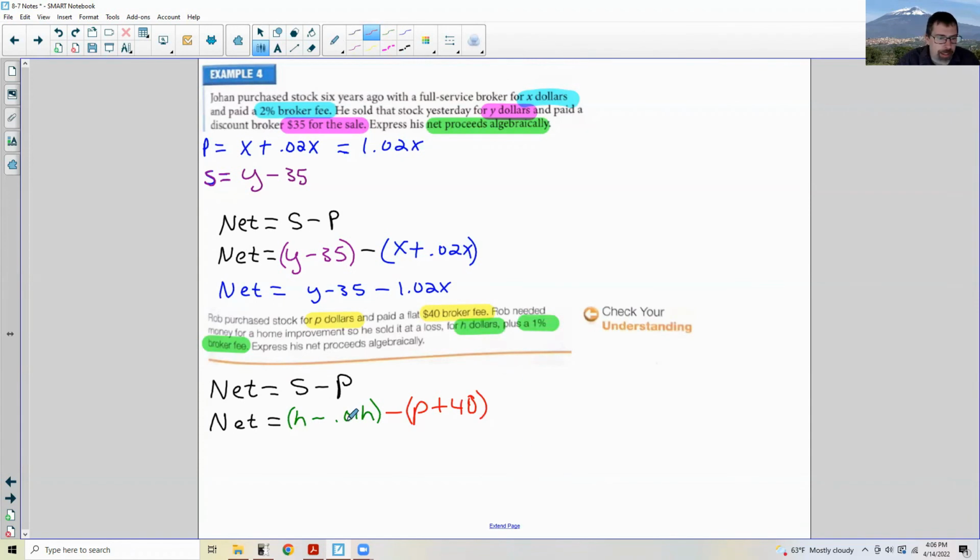Okay, and like I said, we could simplify this. And instead of saying H minus 0.01H, that would be 0.99H minus P minus 40 when you distribute. Okay, so either one of these two answers is correct.